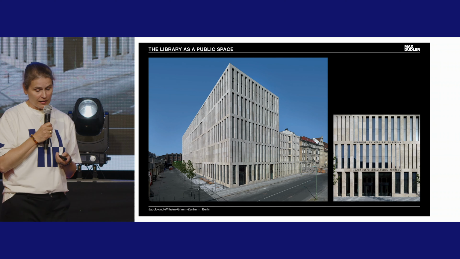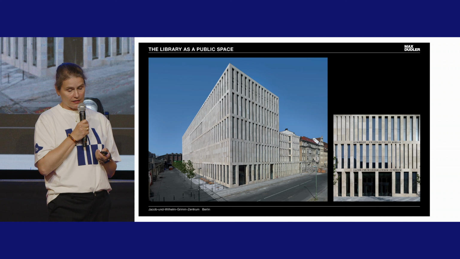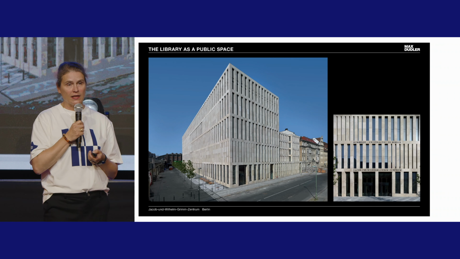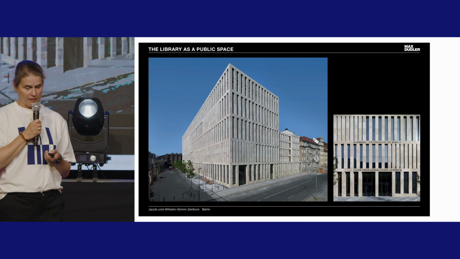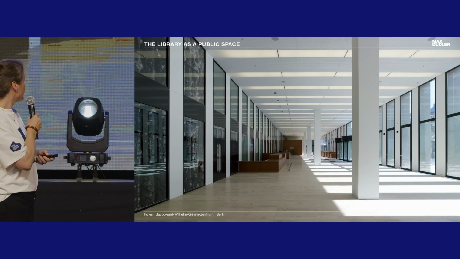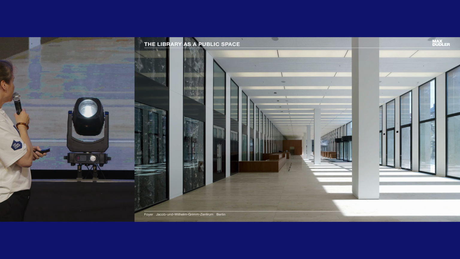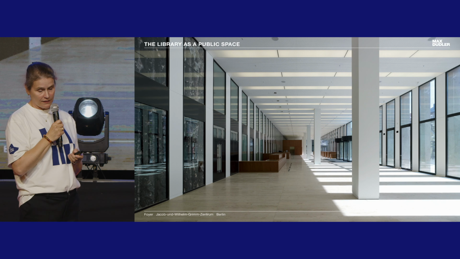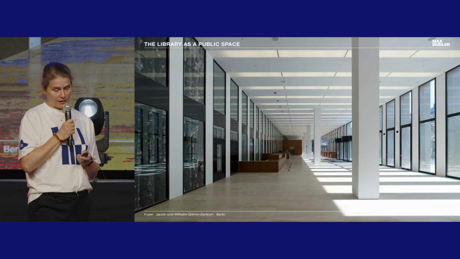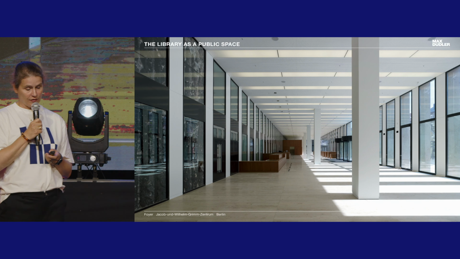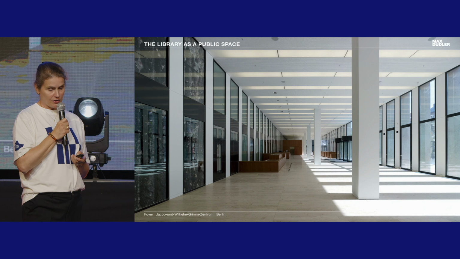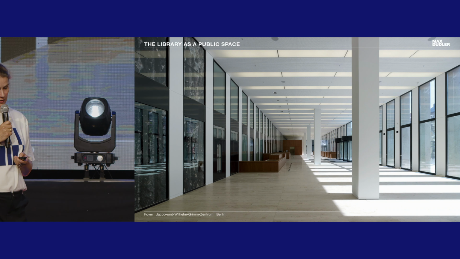So we have the 1.50 meter grid, and the glass windows and the pillars, they symbolize the book backs, the backs of a book in a shelf. The 2-story high, very spacious entrance hall houses the reception, the cafeteria, and the functions before you enter the library.